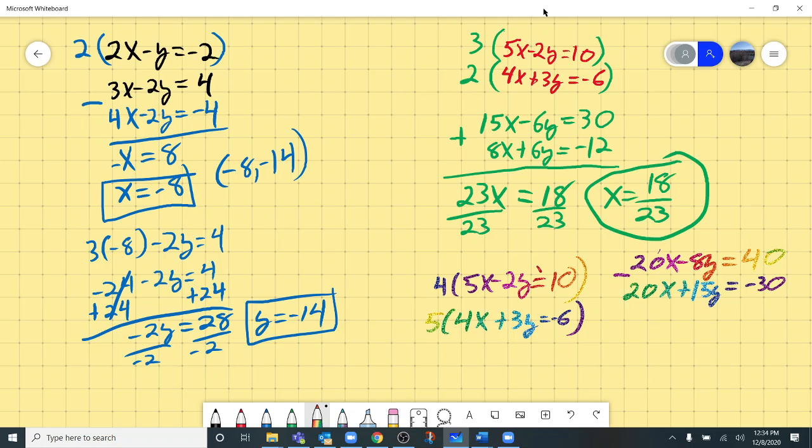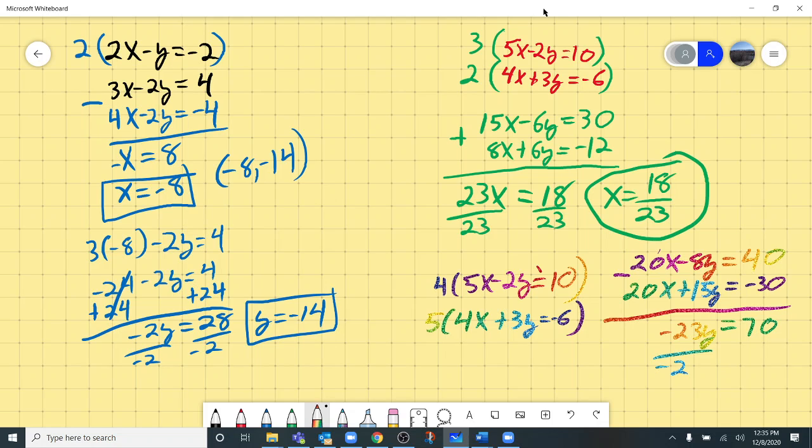So I'm going to subtract. 20x minus 20x is 0. Negative 8 minus a 15. So we're 8 feet down, and we're going to go another 15 feet down. So that's negative 23y. And so positive 40 minus a negative 30. Minus a negative 30 becomes a plus 30, so that's 70.